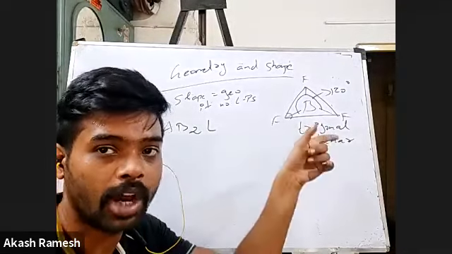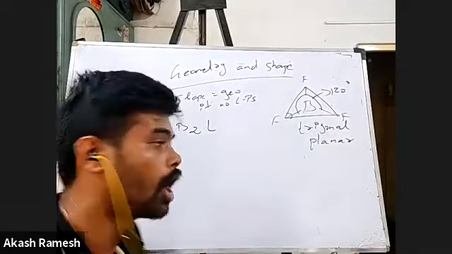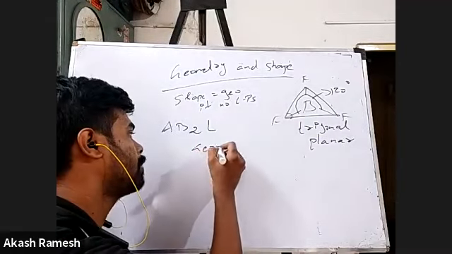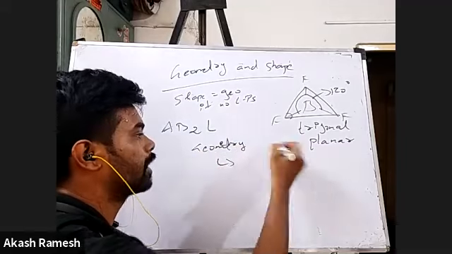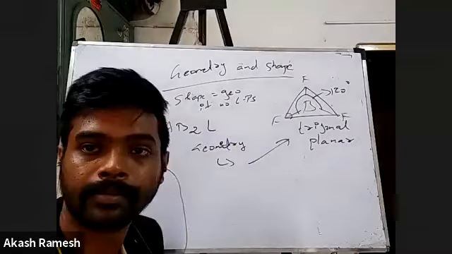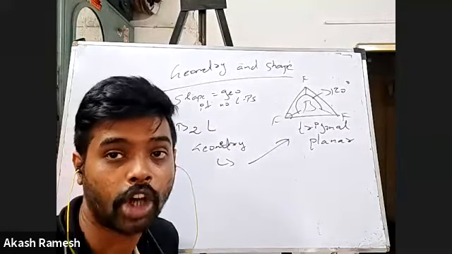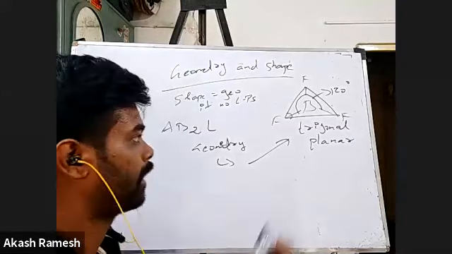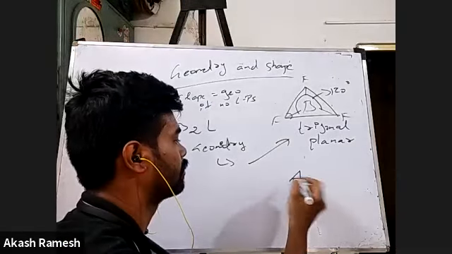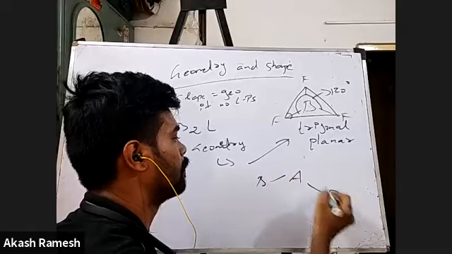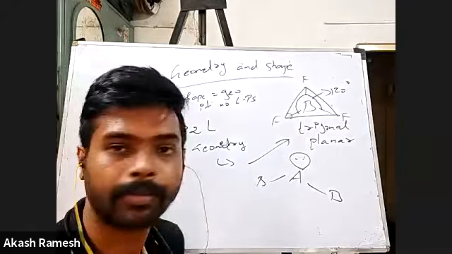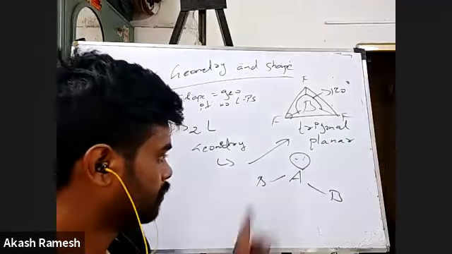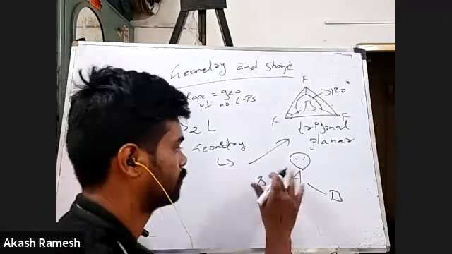But its shape is not going to be like this; the geometry is going to be trigonal planar. So how will I draw it? A, B, B, and a lone pair.